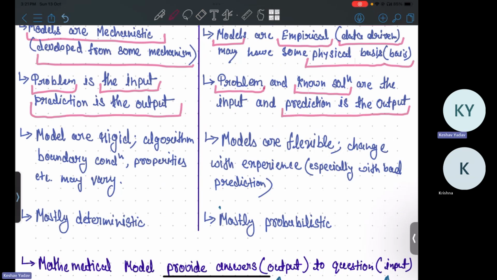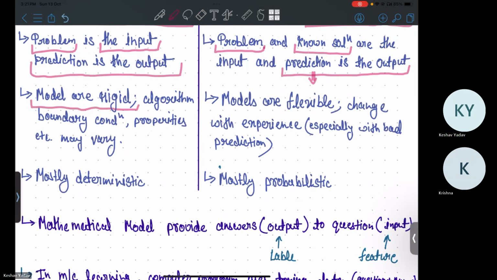We predict the value based on the input and the known solution. Then we check what error is involved, and based on the difference between the known solution and the prediction, we optimize our model.